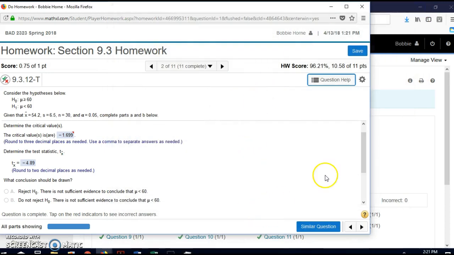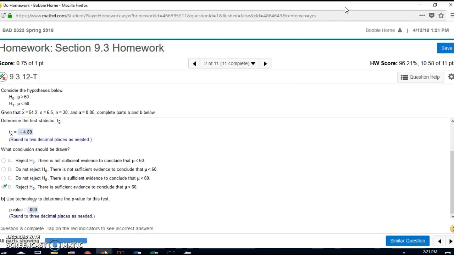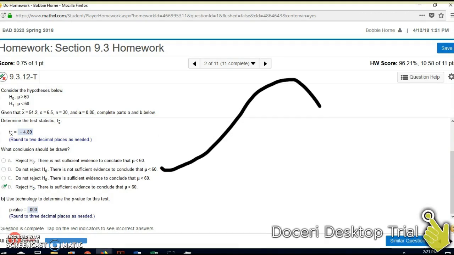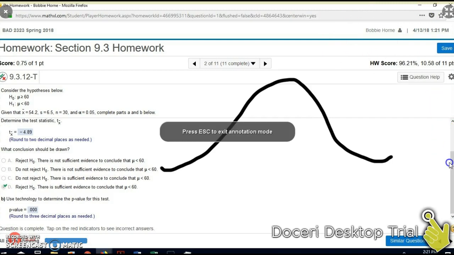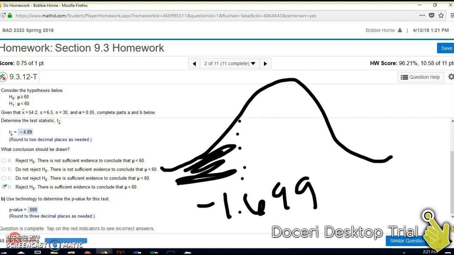Now, we still have to understand what this means as far as rejecting or accepting. Now, this is a left tail test. So first of all, our critical value was negative 1.699. So anything less than that would be what I call the rejection area.